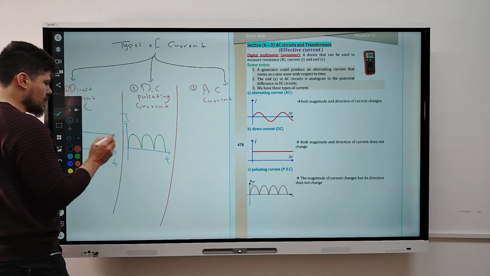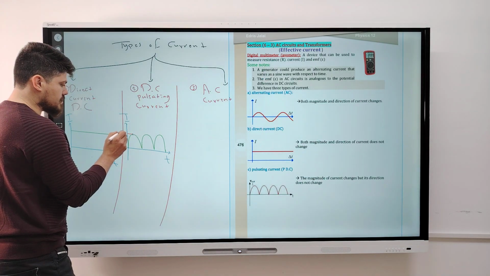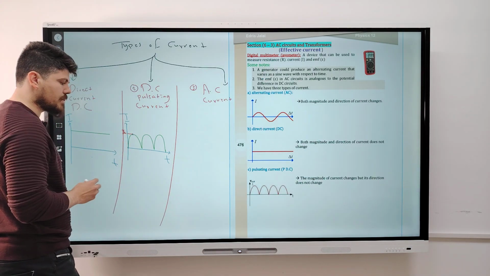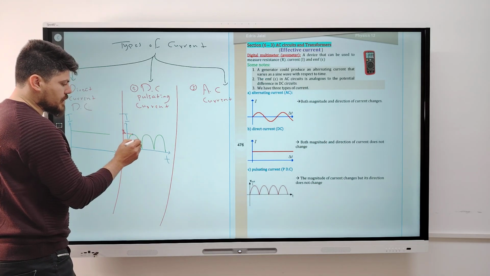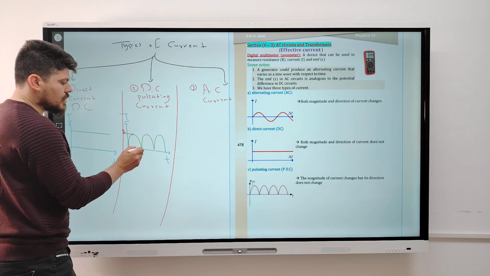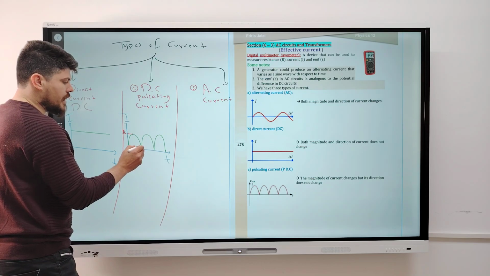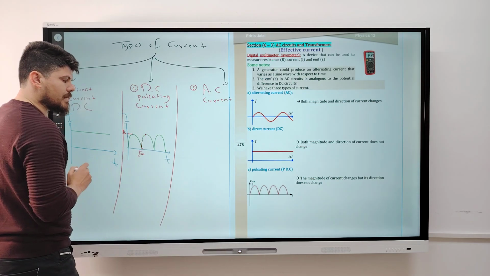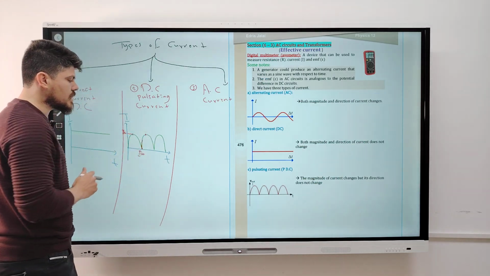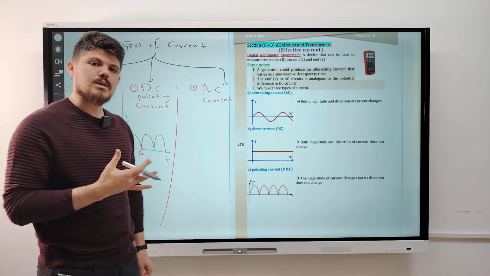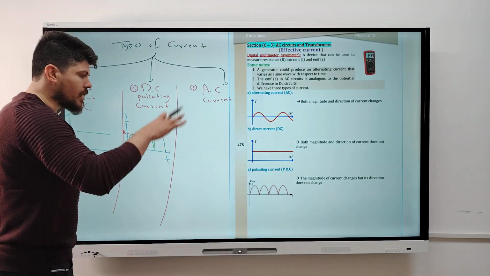At this point, the current is maximum. Then the current drops until it reaches 0. So what is the magnitude of the current at this point? I is 0. Then it increases until it reaches the maximum point. So what is the type of this current? It is the DC pulsating current. Okay, it's like a pulse.